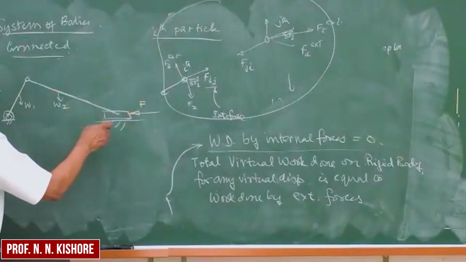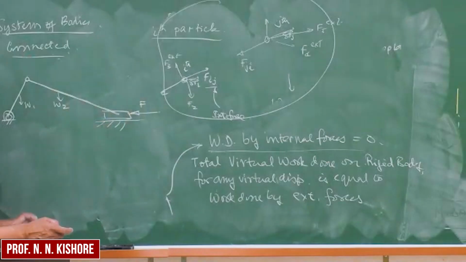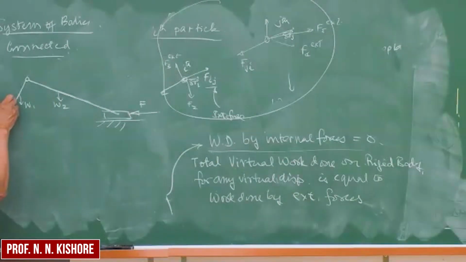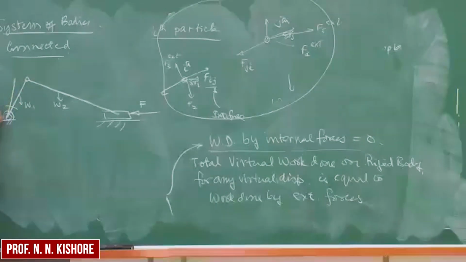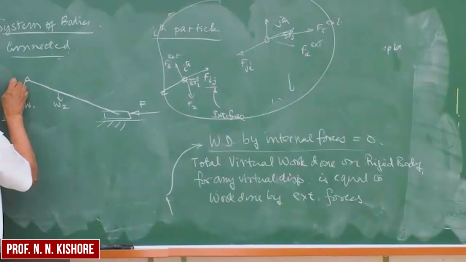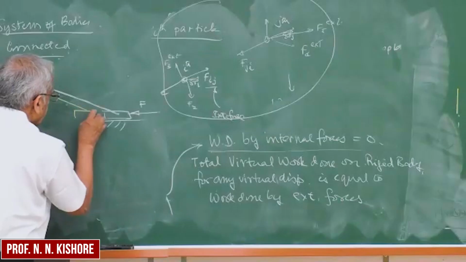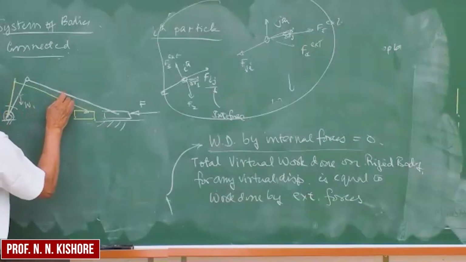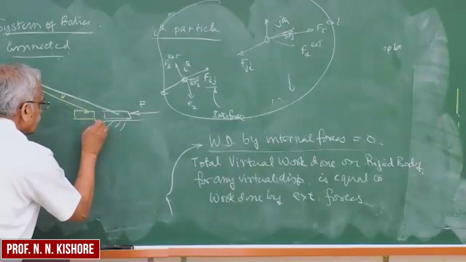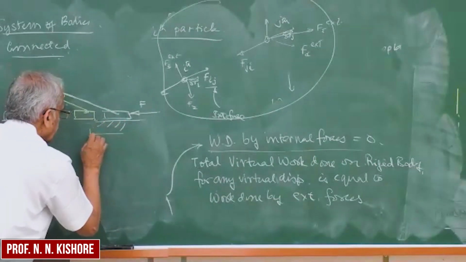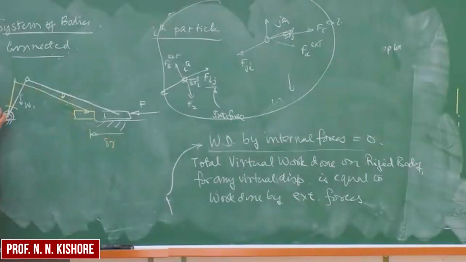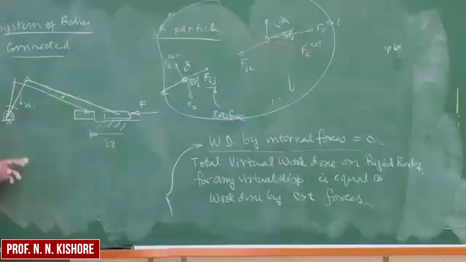So if you want to find out for a small virtual displacement, so a small virtual displacement in the sense that the new configuration for this one will be, let us say this is rotated by a small delta theta angle, and so here this piston is going to have a displacement here, so delta R, and this is going to have a small angular change.